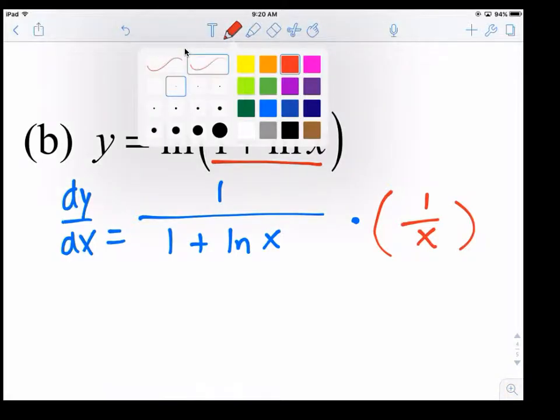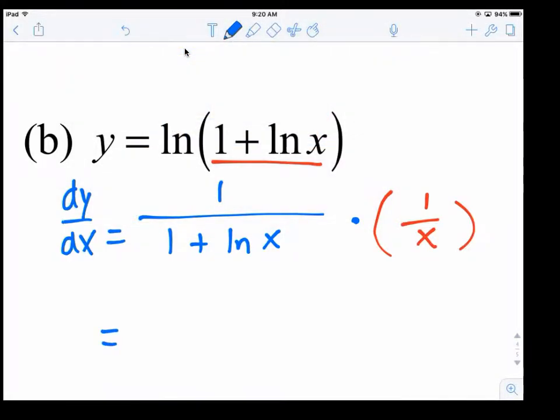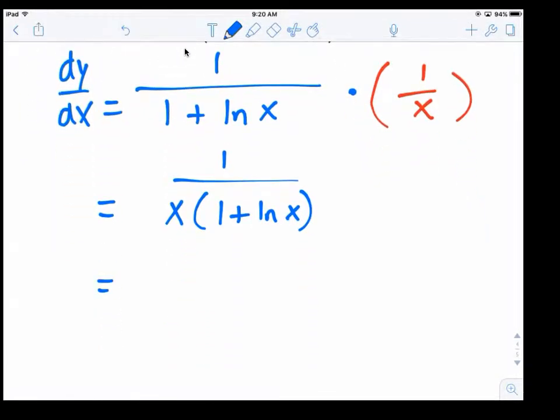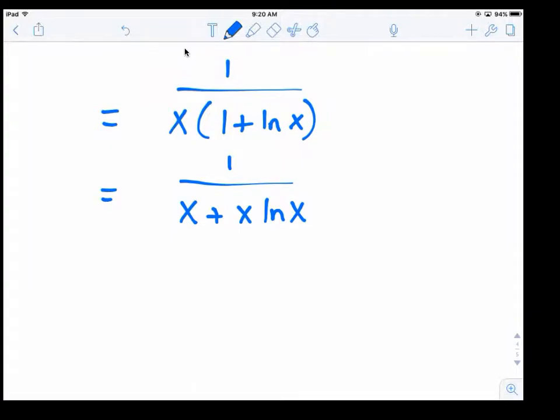All right, now you got 1 over x times 1 plus ln of x. You got 1 over x plus x ln of x. Because again, the x is like built inside of the ln.